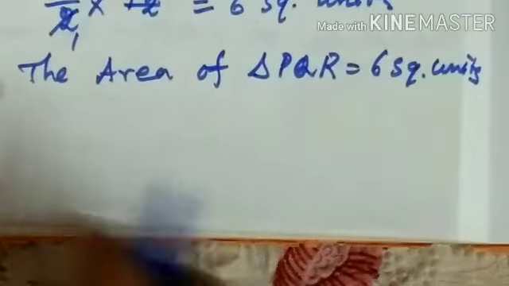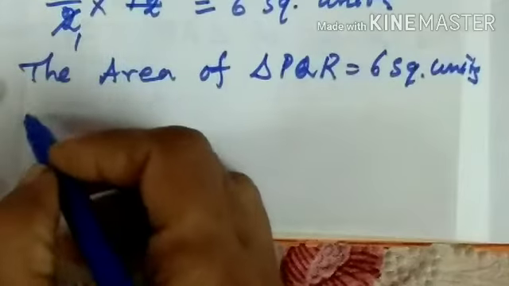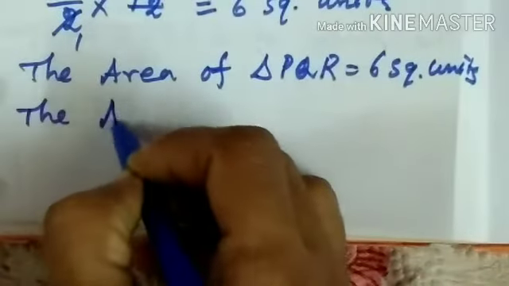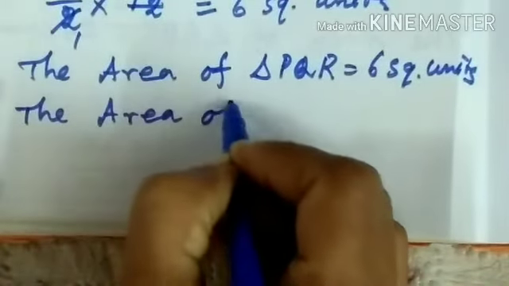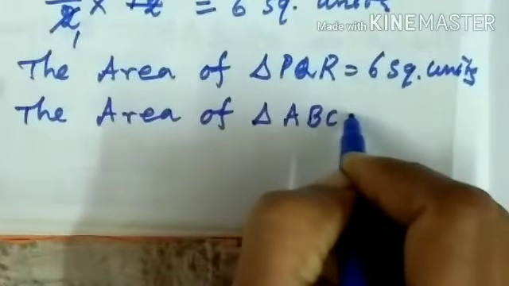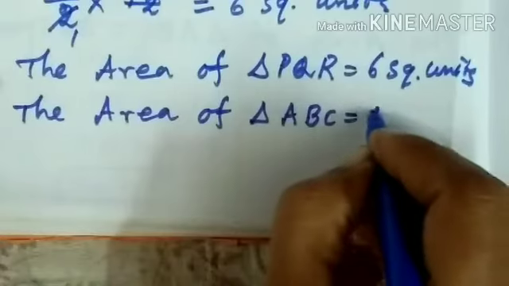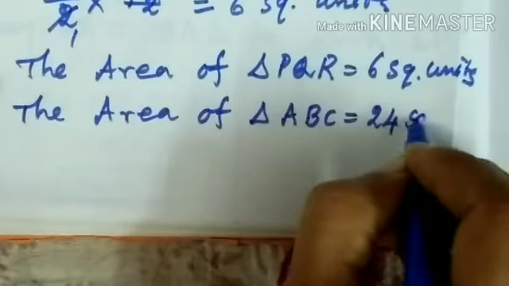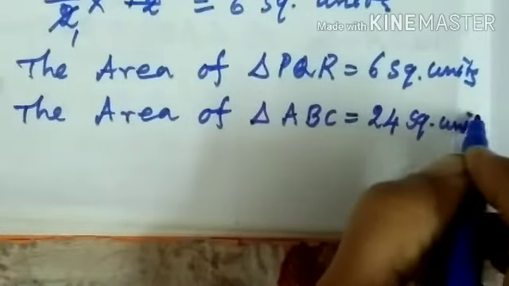In the previous step, we got the area of triangle ABC is equal to 24 square units.